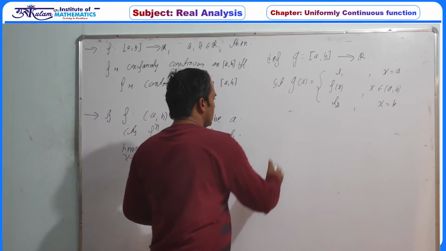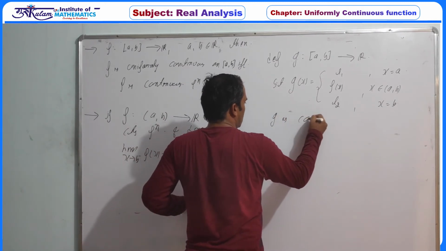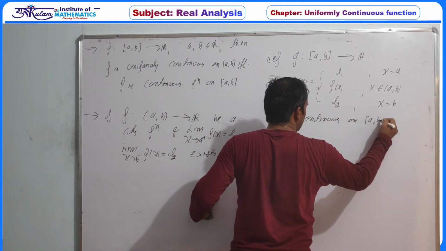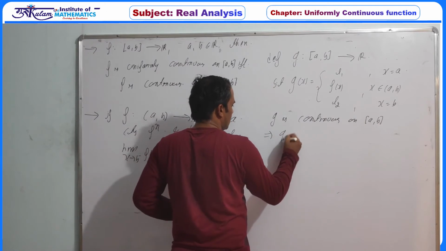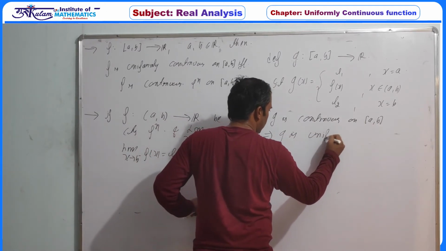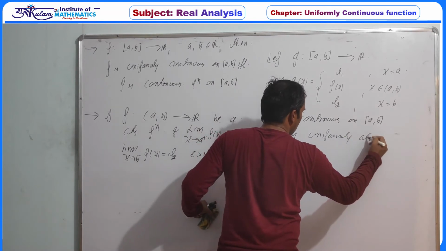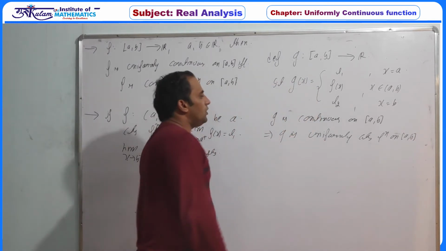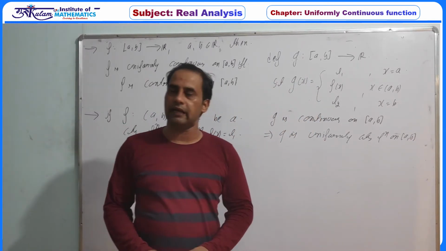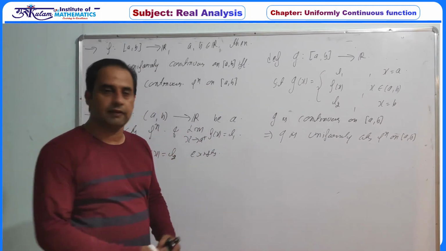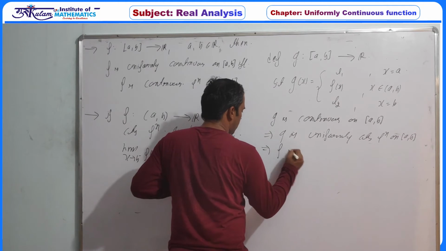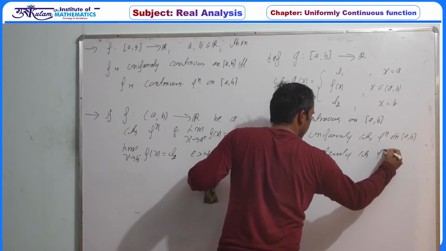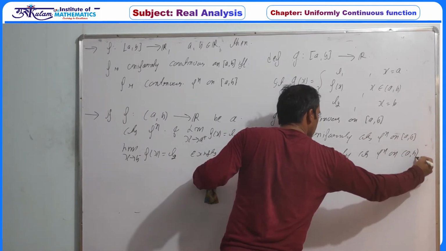So definitely this g is a continuous function on the closed interval [a,b], which implies g is a uniformly continuous function on the closed interval [a,b]. Since g is uniformly continuous on [a,b] and f is a restriction of g on the open interval (a,b), obviously f is a uniformly continuous function on the open interval (a,b).